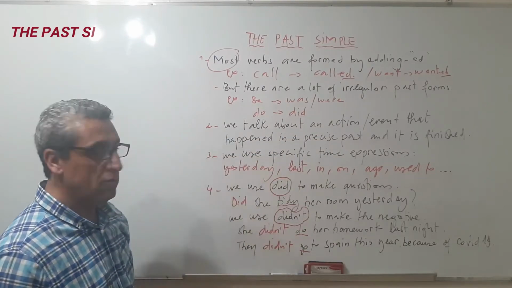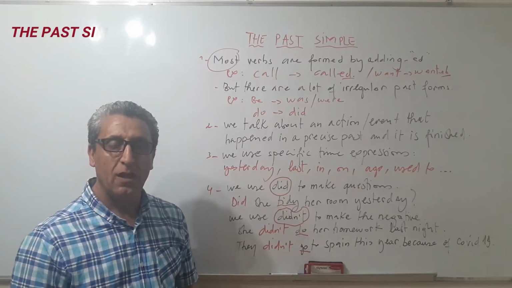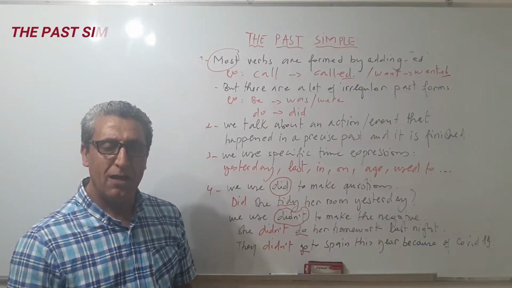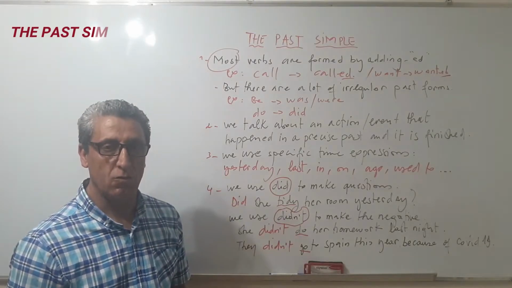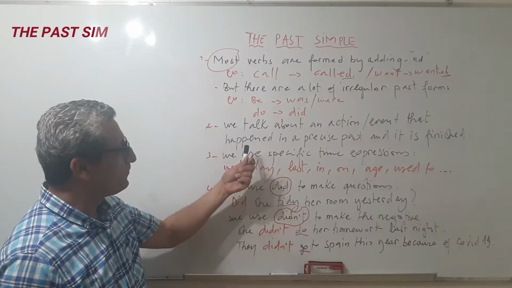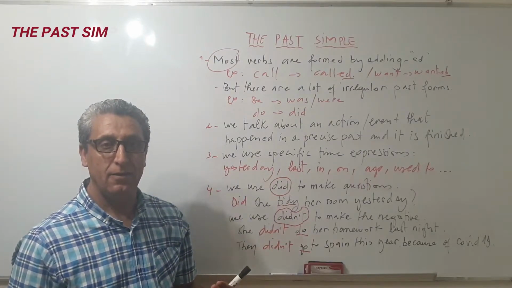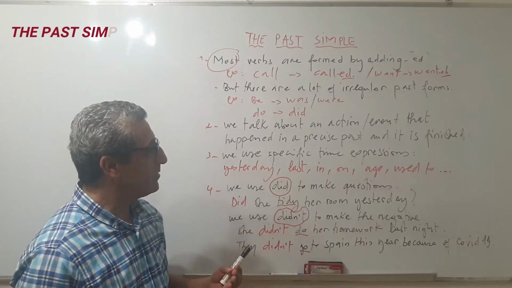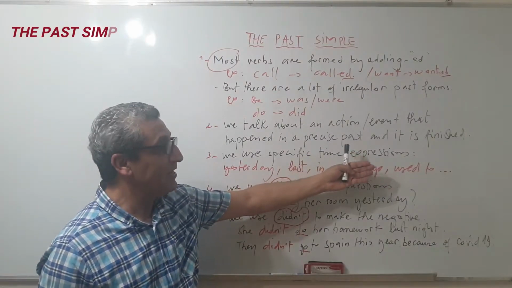Okay, now, we talked about verbs and how we form the past simple with verbs. Now the question is, why do we use the past simple? Okay, so we use the past simple to talk about an action or event, okay? An action or event that happened in a precise past and it is finished.